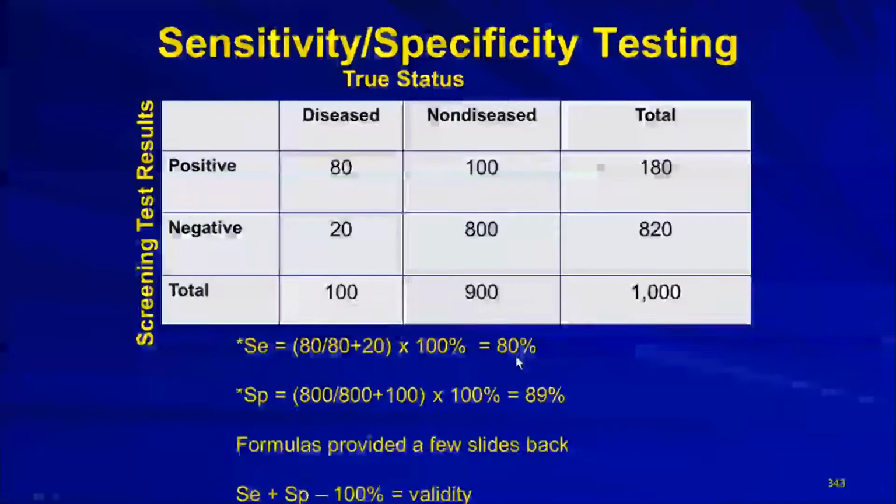Now, this would tell you, if I was going to provide an interpretation of that data, that 8 out of 10, or 80% of the people who took the test, who tested positive, were positive. 89% of the people who took the test and were negative tested negative. Okay? And so if we could have an ideal test, all of the people who were true positives and true negatives would fall into these two cells.